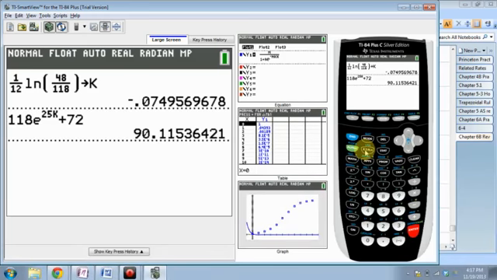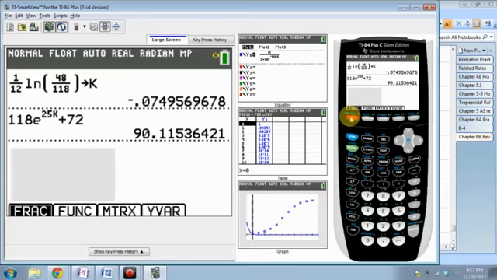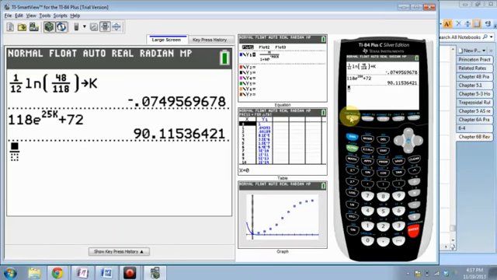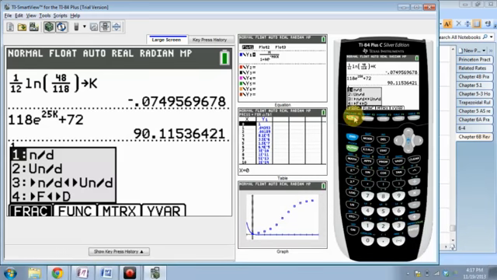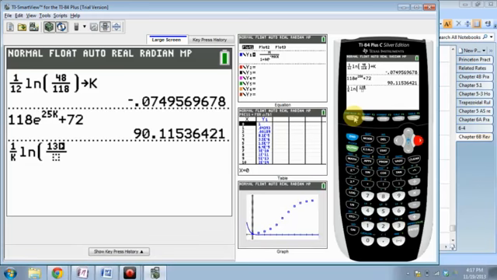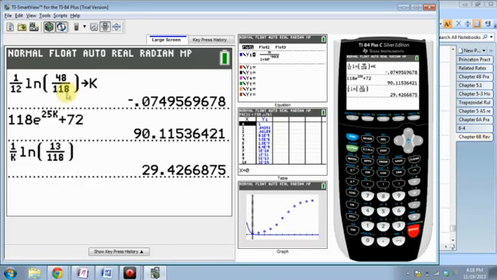And the last one is 1 over k natural log of 13 over 118. Thank you. Sweet. Screenshot.